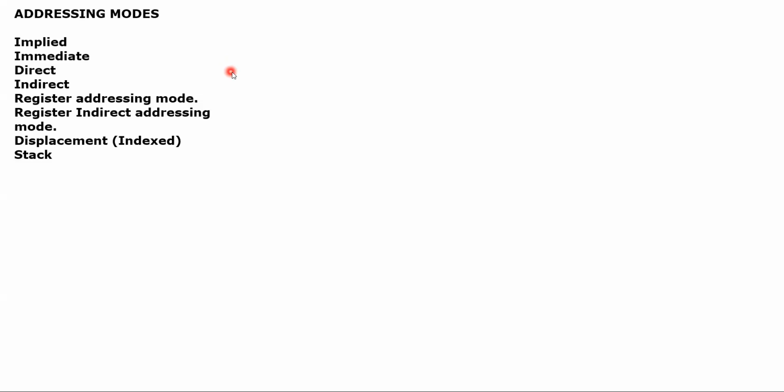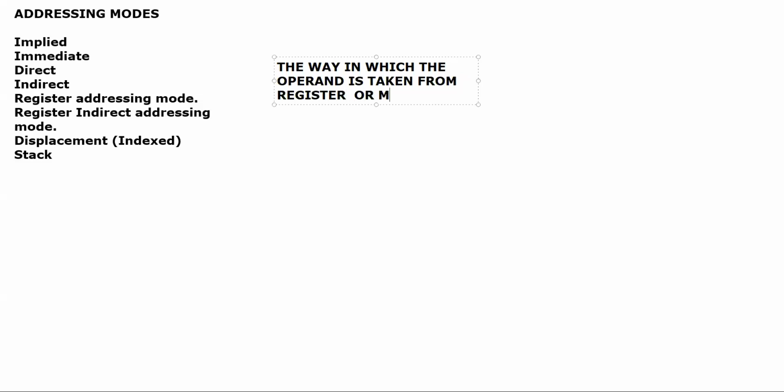In simple words, the way in which the operand is taken from register or memory is named as addressing mode.